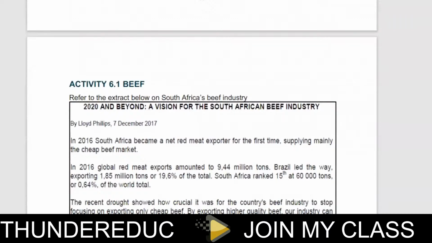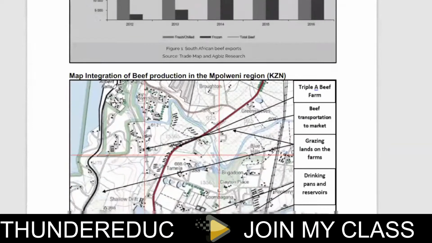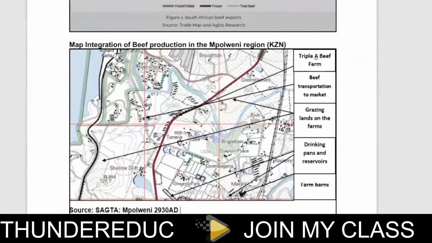So beef farming can also be interpreted on the map, or agriculture can also be integrated in the map. When you look at this map, there's a road here. And when you look at all these beef farming areas, they are all close to the transportation routes.